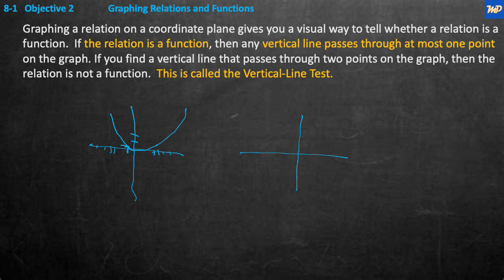A good way to look at a relation would be, let's draw it this way. Okay? Here's our function. Going to this one, if I draw a vertical line, no matter where I draw the vertical line, as crooked as that line is, it can only hit one spot. Hits it there, hits it here, hits it here.